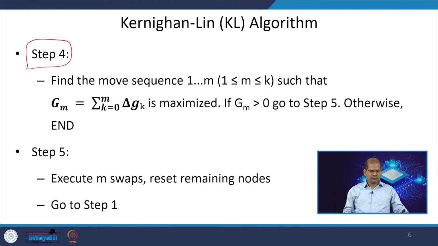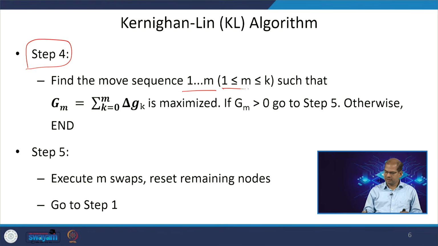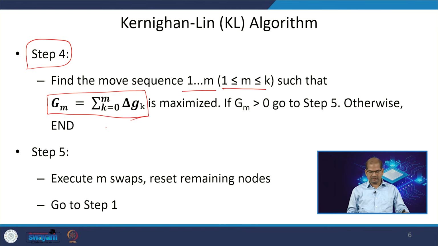In step 4, we will find a move sequence 1 to m. Here m is something between 1 and k, and each g of m is basically an accumulation of the previous gains.